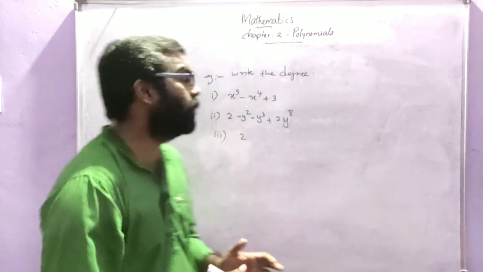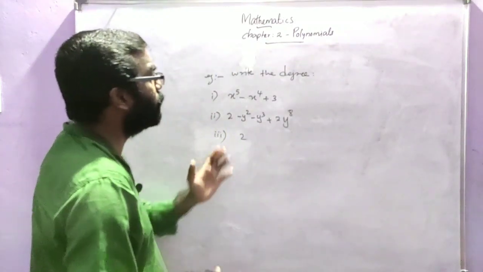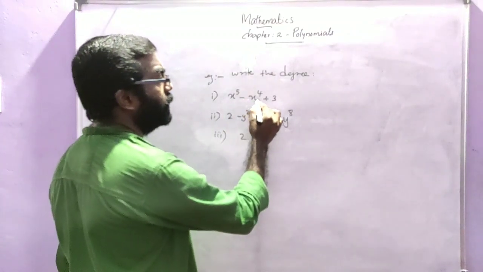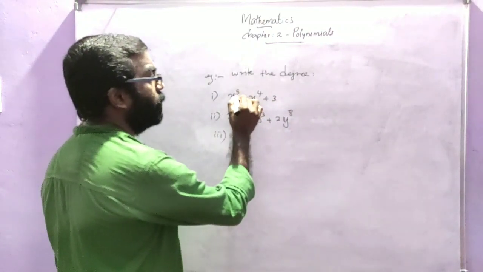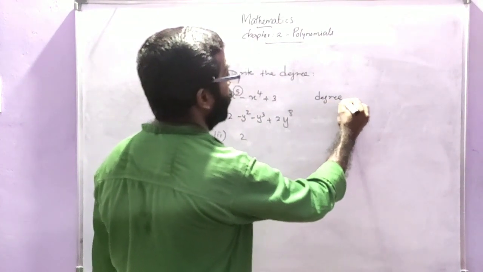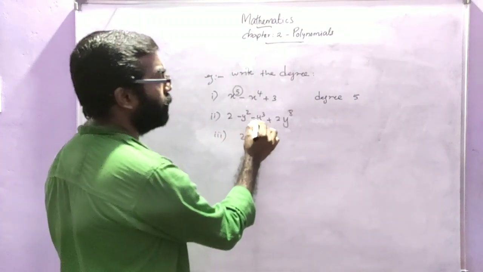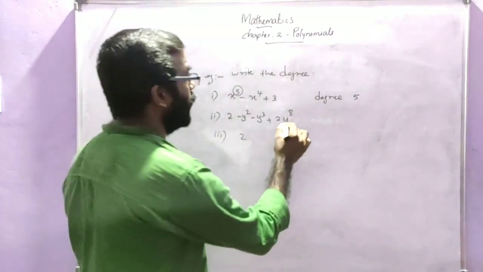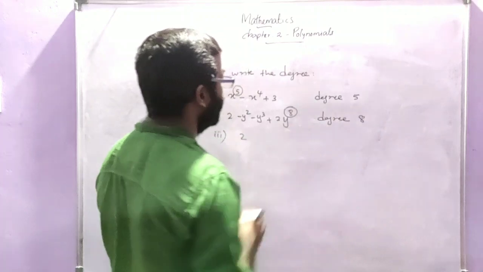Now look at these examples. We have to write the degree of each of the polynomials. First one is x raised to 5 minus x raised to 4 plus 3, and here the highest power of the variable involved is what? 5, and the degree is 5. The second one is 2 minus y square minus y cube plus 2y raised to 8, and here the highest power is 8, so the degree is 8.